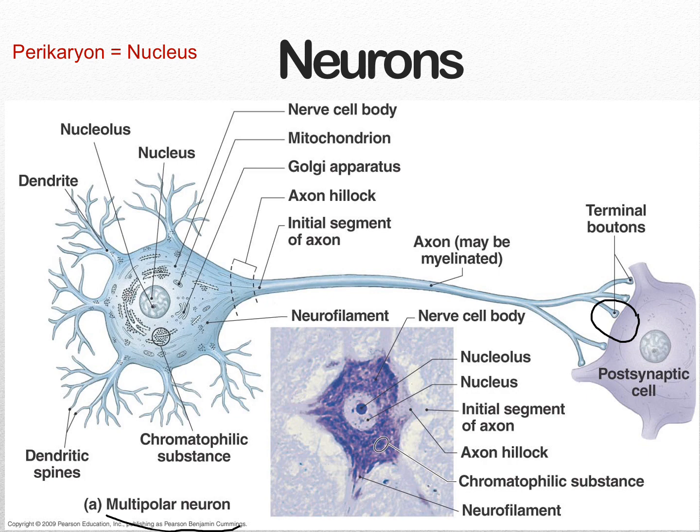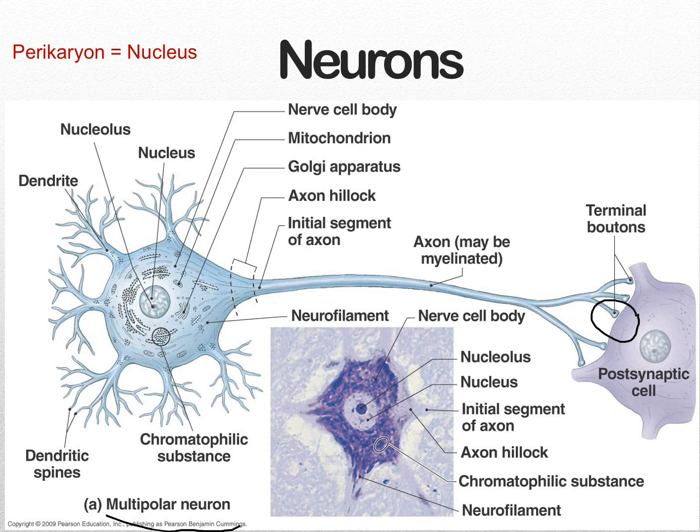Okay, so if we look from the left to the right, on the left-hand side, we see a big cell body. This is called the soma, and this type of neuron is actually called the multipolar neuron. There are different types of neurons, and we'll get to that.